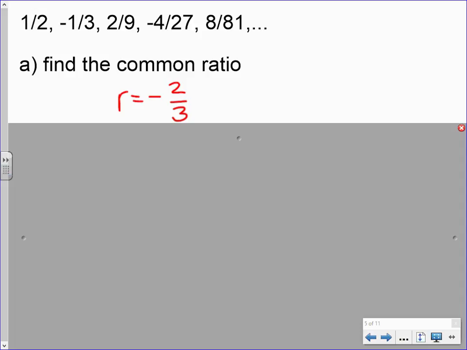So if it's not geometric, we would need that -1 to the n power or n plus 1. Since the r gets raised to the n minus 1 power, we can group it all together. Okay?